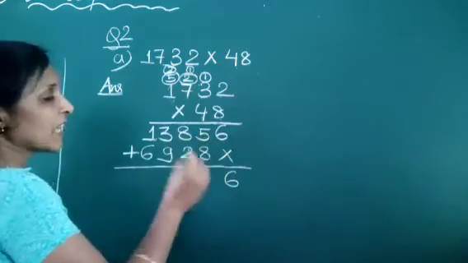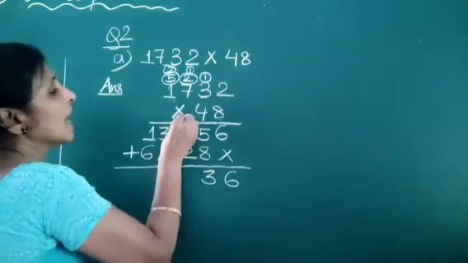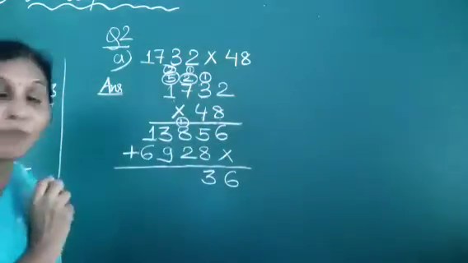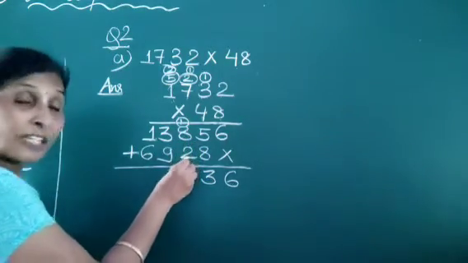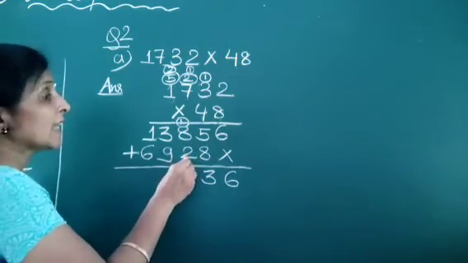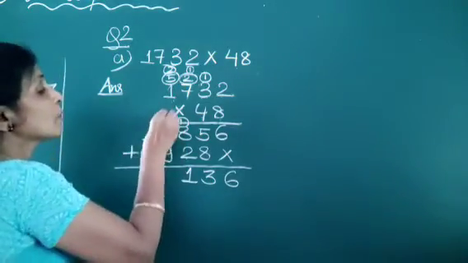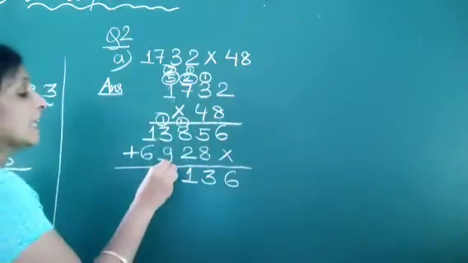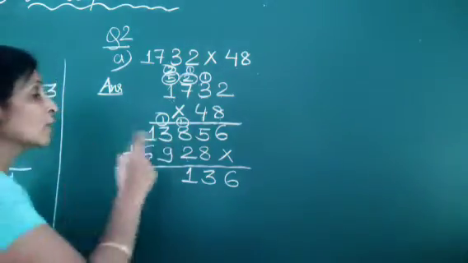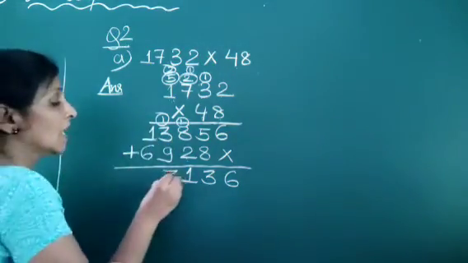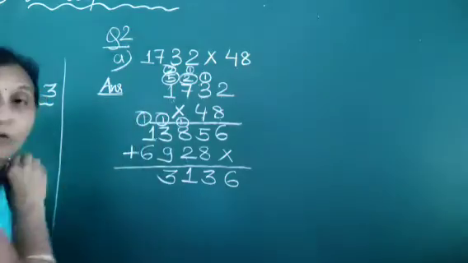Now 5 plus 8 that is 13, write 3 and put 1 carry over here. Then 8, 8 plus 2, 10, 10 plus 1 that is 11, write 1 and put carry 1 over here. Then 9 plus 3, 12, 12 plus 1, 13. Write 3 and put carry 1 over here.